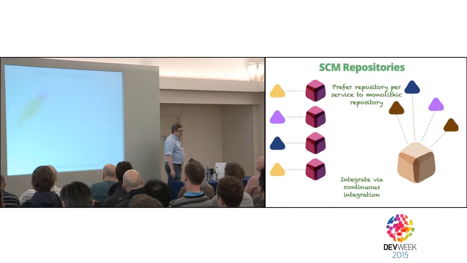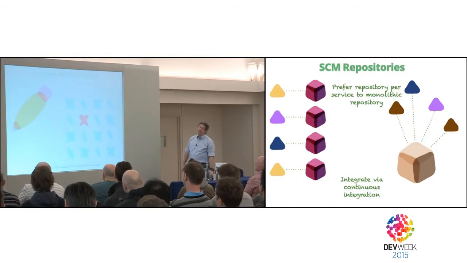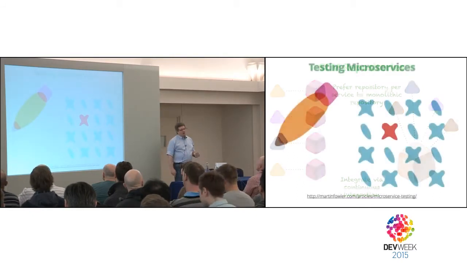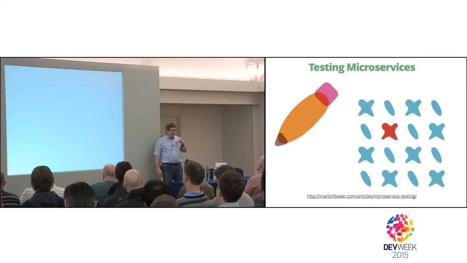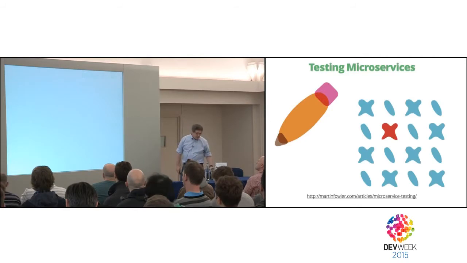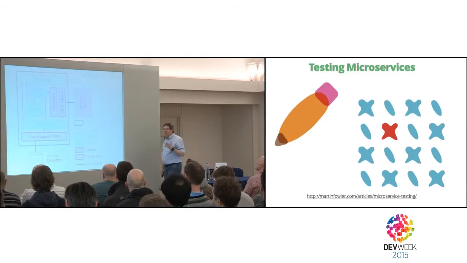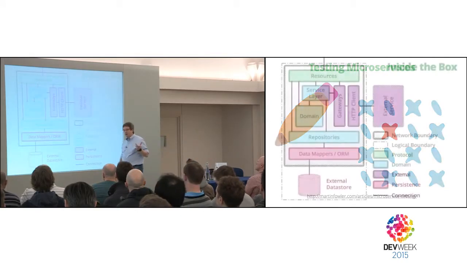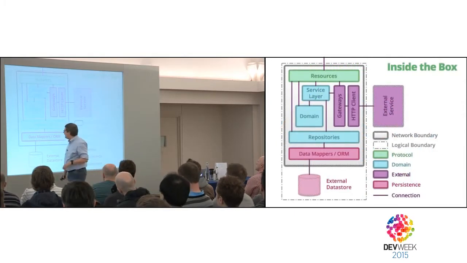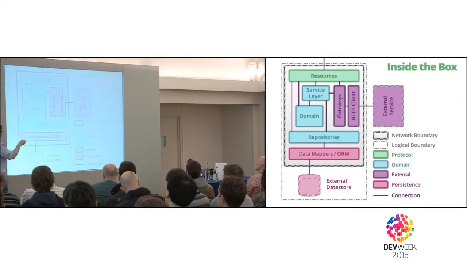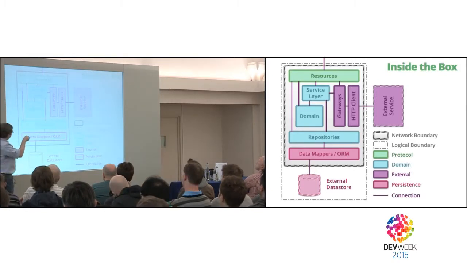So let's talk for a second about testing microservices. This is a really tricky engineering challenge because each of these microservices may have a significant number of moving parts. So here is a representative microservice that has all the moving parts that one of these may have. It has things like the domain logic, which is the actual logic that's part of this microservice.